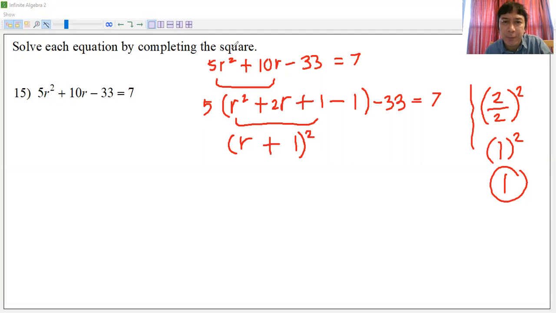So we'll continue with the minus 1 there. And the original parentheses will be there, and the number 5 is there, like that. After which we continue with the minus 33 equals 7.